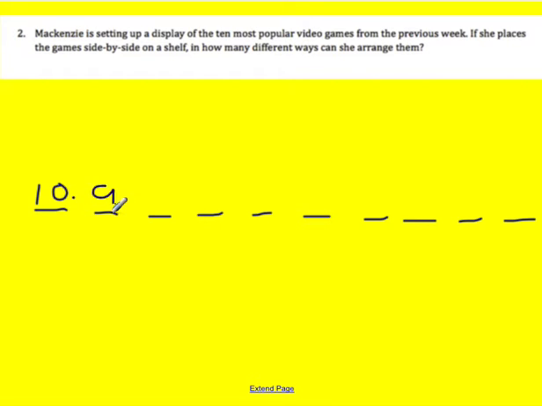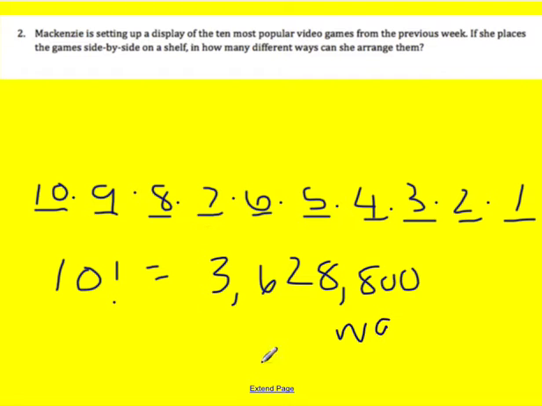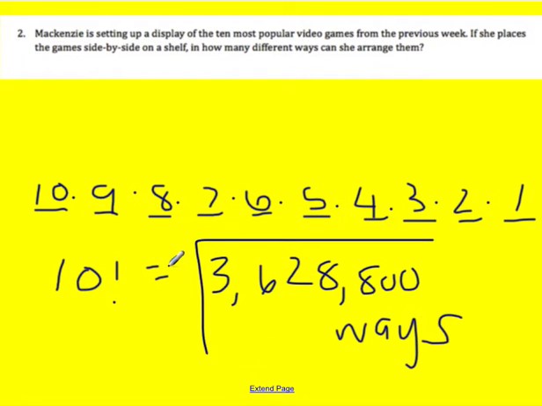Then when she chooses one, she has 9, then 8, then 7, and she's going to keep going down by 1 until she has the entire shelf filled with videos. If you remember, this is the same as 10 factorial. When you multiply that out in your calculator, you end up getting 3,628,800 different ways that she could arrange those games on the shelf.